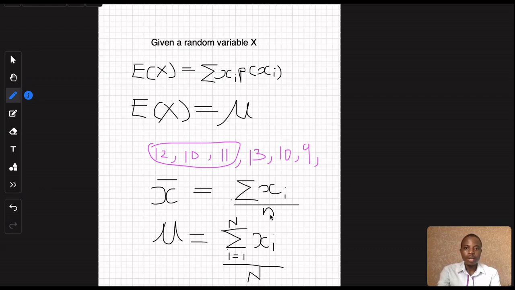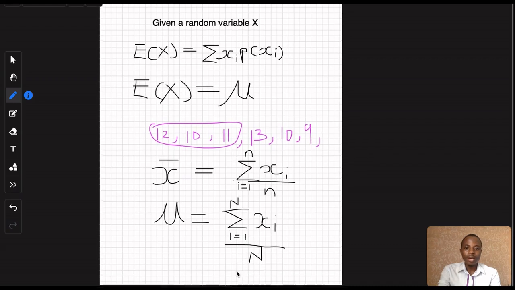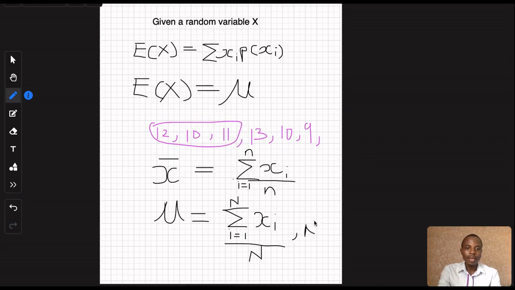Whereas for the sample, i will have its values from 1 to small n. Everything here is divided by n. Now, the difference between the two is that mu, the population mean, is working on everything. That means our capital N is equal to 6.